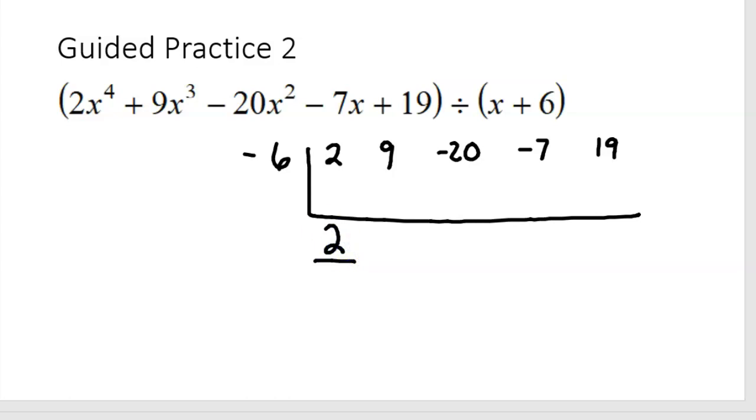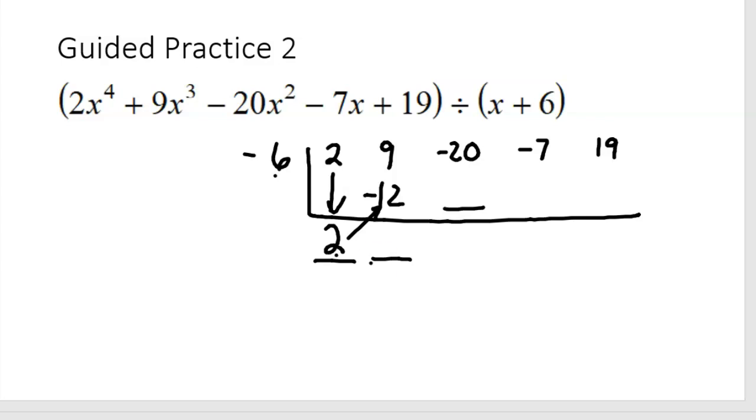Now what do you do? Hopefully you were thinking negative 6 times 2, which is negative 12, and where does that go? Right there. So that would be negative 12. Should put an arrow there. All right. Now I want you to figure out what goes here and what goes here. Pause the video and see if you can get it.